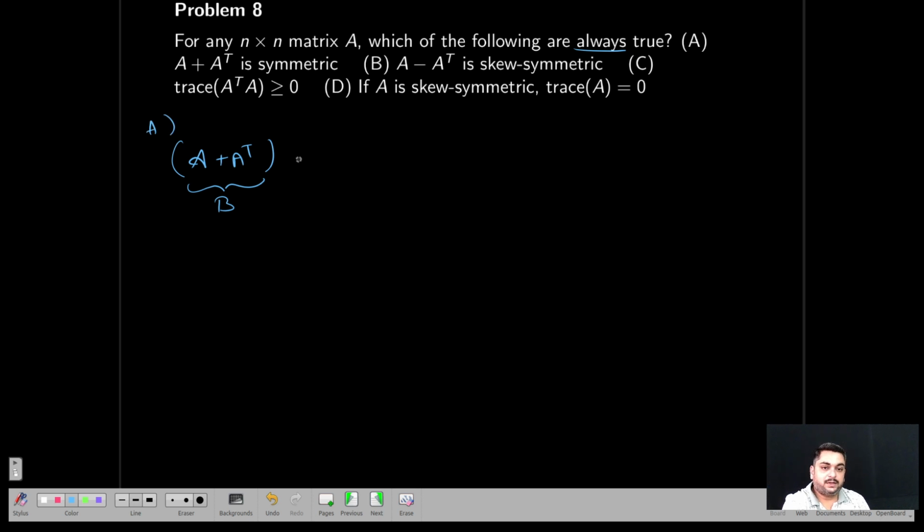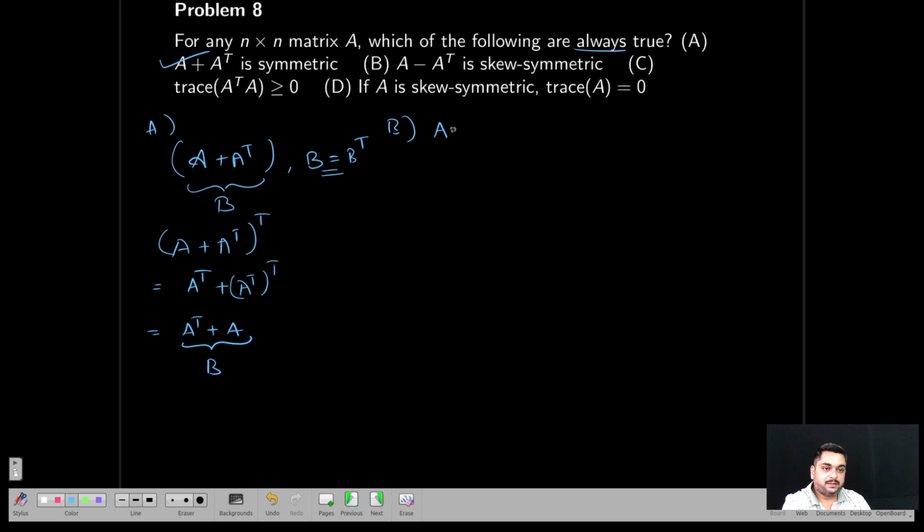It is symmetric only when B is equal to B transpose, right? So let us take B transpose. B means A plus A transpose, transpose of this. So this will be equal to A transpose, a property I am directly applying, transpose of transpose. So this is equal to A transpose plus A. So A transpose plus A is B. So that means B transpose equal to B. Hence, this is symmetric.